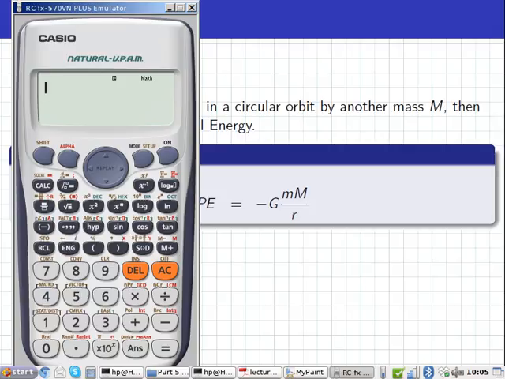The question is, how much energy is needed to remove Earth from the orbit around the Sun? Can you say again the R? 940 million kilometers. Right, let me type it in.